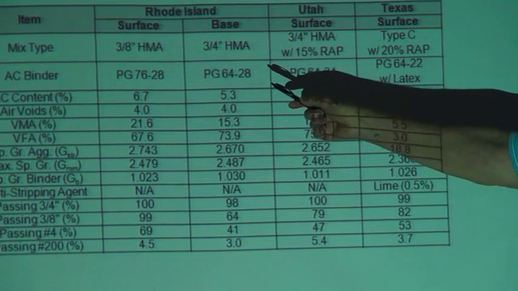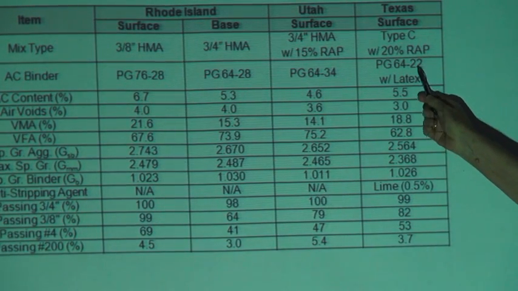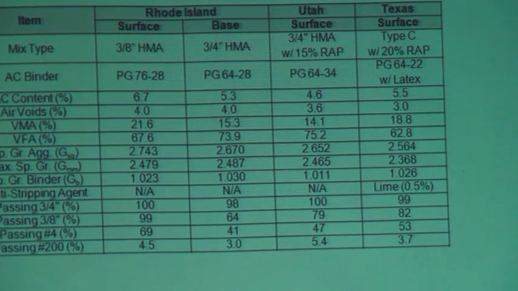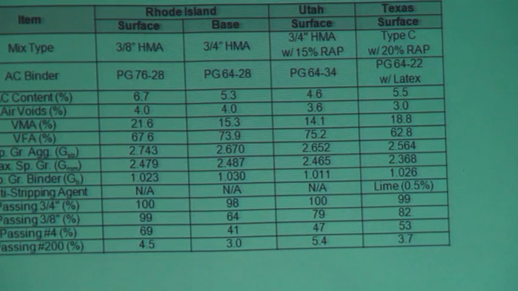Here was the 76 grade, and then we had some 64 grade. The Texas material, unfortunately, had a little wax. And I say unfortunately because immediately that should put up a red flag to using the predictive equation.